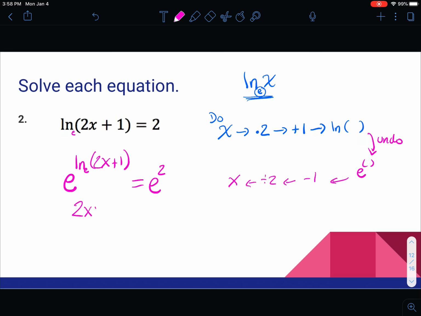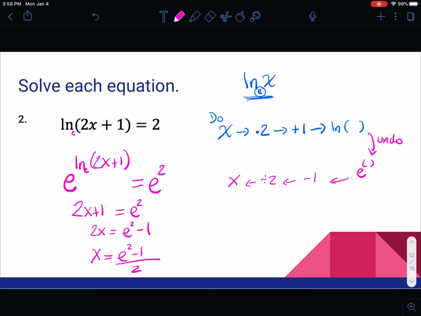So we're left with 2x plus 1 equals e squared. Don't put that in your calculator. It is going to be quite messy. It's irrational. Let's just leave it as exact. We'll subtract 1 from both sides, e squared minus 1, and we'll divide both sides by 2.